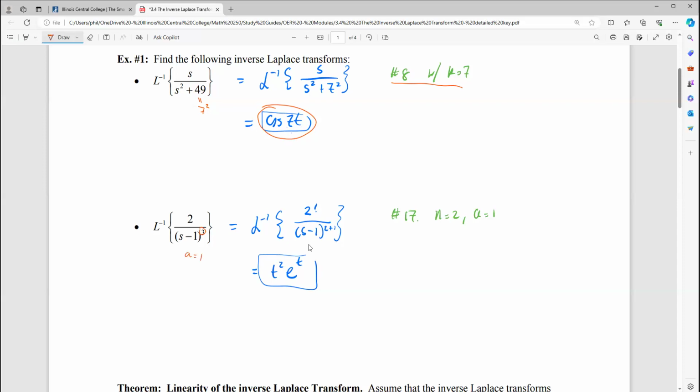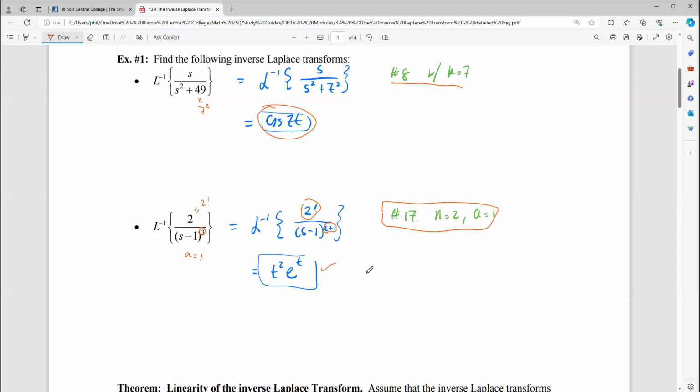Here we needed an n plus 1, so we read this as n equals 2 plus 1, therefore there should be a 2 factorial in the numerator. The good news is that 2 is equal to 2 factorial, so this all works out. We basically have number 17 where n equals 2 and a equals 1, so this would give us this.